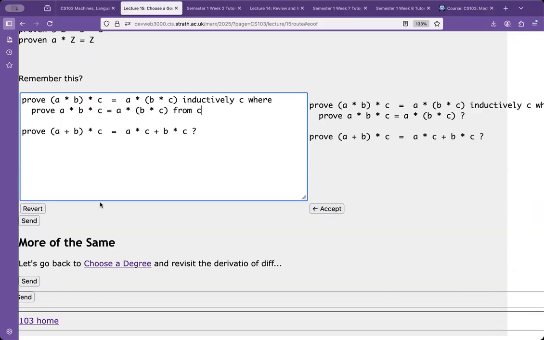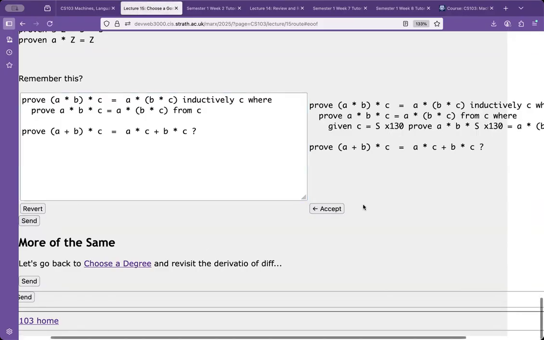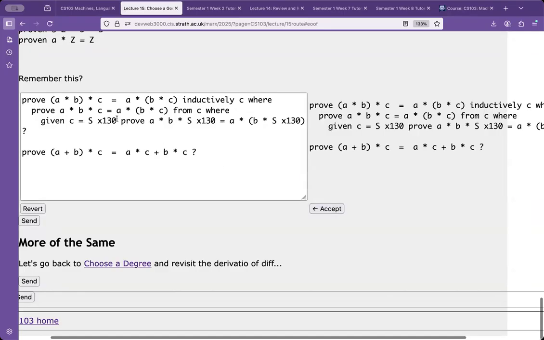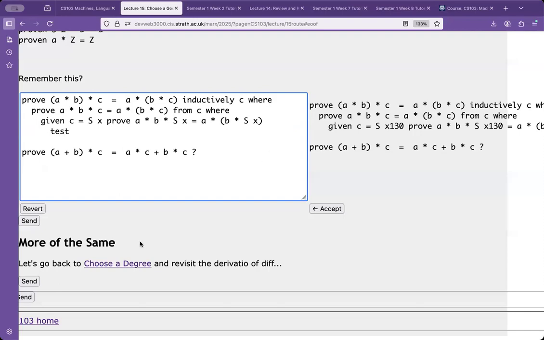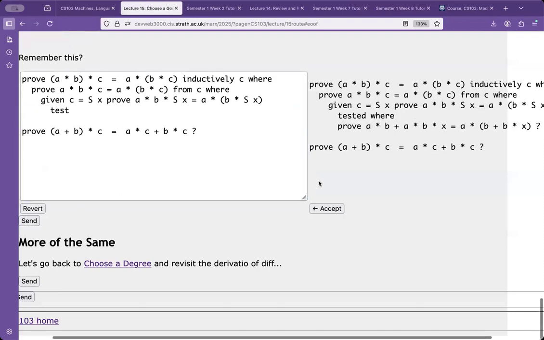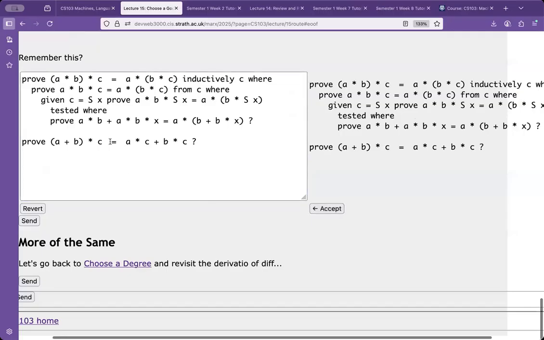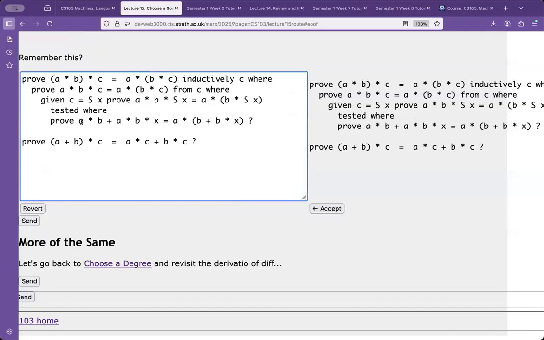From C. Fix up the ugly names. Okay, and then let's put the parentheses in.